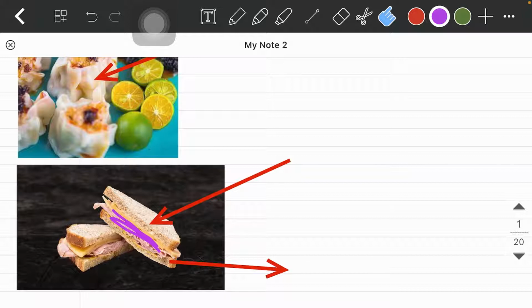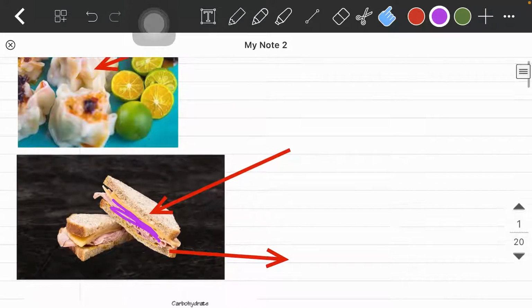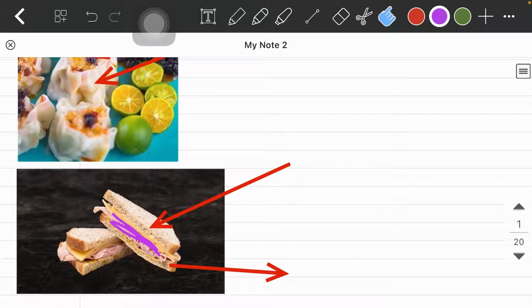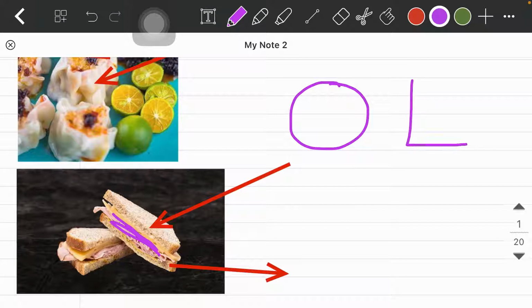So pag sinabi nating fluid, it is expected that its contents or that particular part is always constantly moving. So the phospholipid molecules move sideways within the membrane. Siyempre kung ang cell mo ay round, most likely that is an animal cell. Kung medyo boxy yan, that is a plant cell.